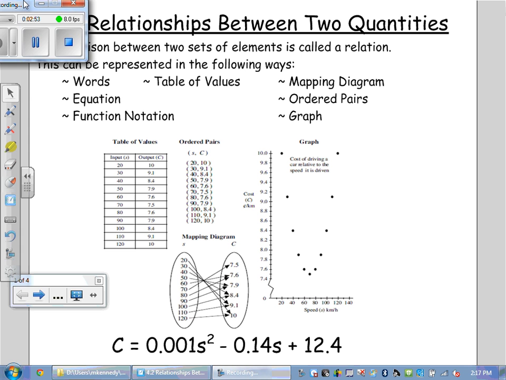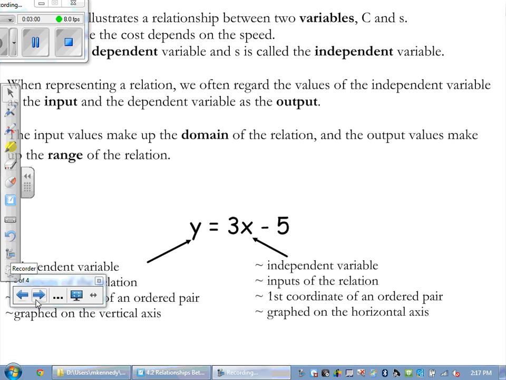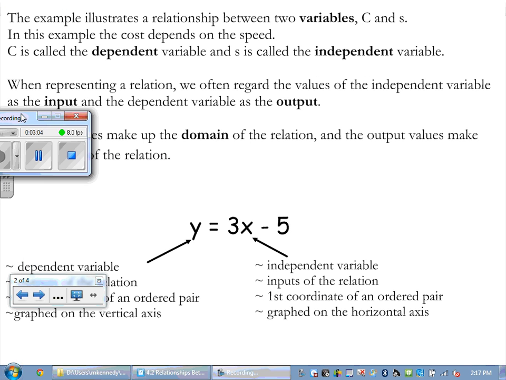At the very bottom, you have an equation. This is again talking about the relationship. So remember how we said that the difference between relations and functions? What was the difference? Anybody remember?